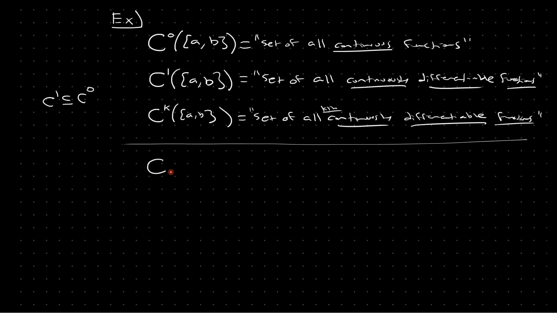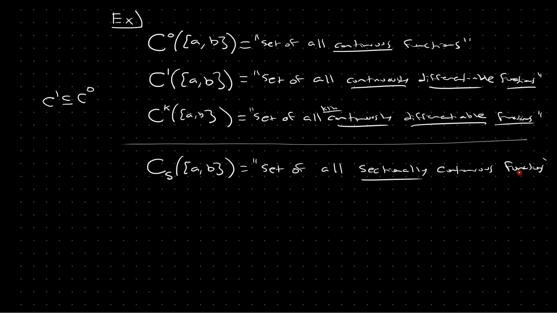So we might talk about, say, CS of [a,b], which is the set of all sectionally continuous functions. And a function is called sectionally continuous if it has at most finitely many jump discontinuities.